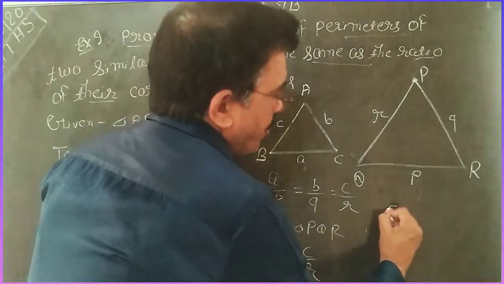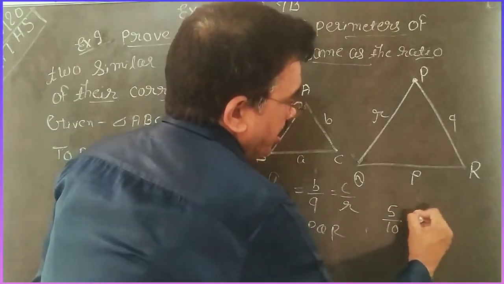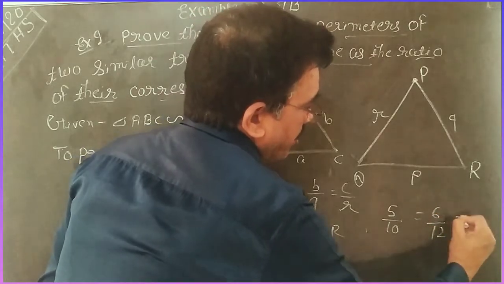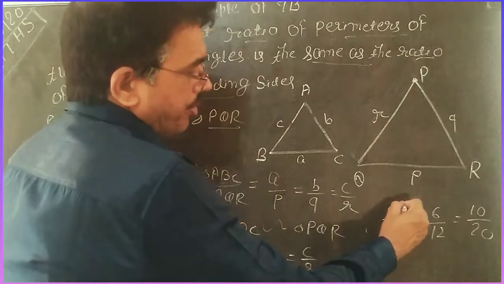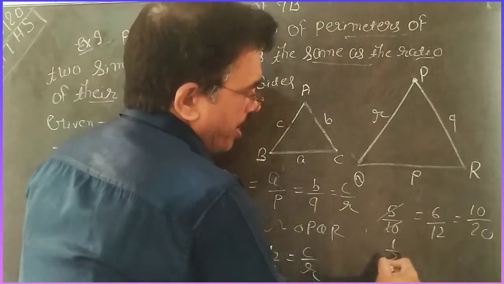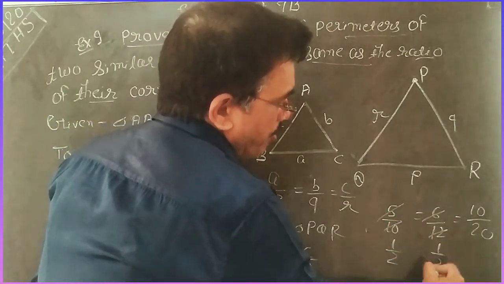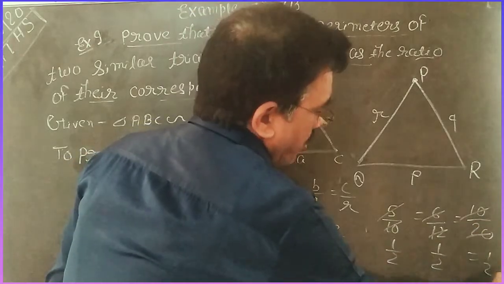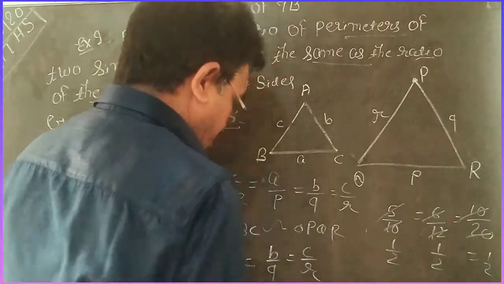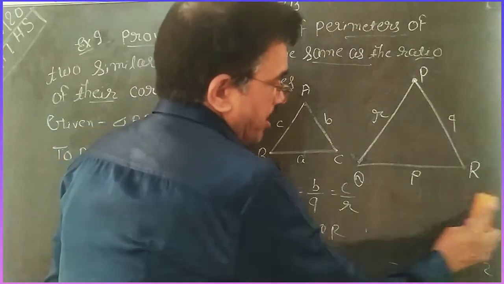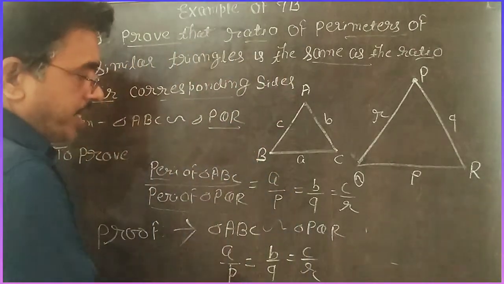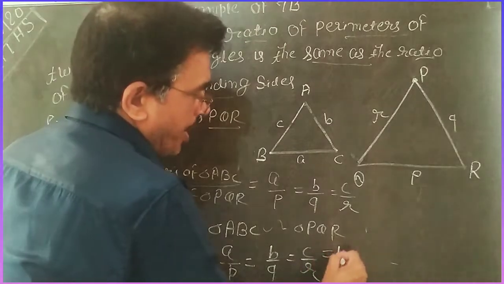Like if you write 5 by 10 is equal to 6 by 12 is equal to 10 by 20. Why is it equal? Because 5 by 10 means 1 by 2, 6 by 12 means 1 by 2, and 10 by 20 means 1 by 2. That means ratios are equal when their constant is equal. So dear students, you write these are equal and equal to k.